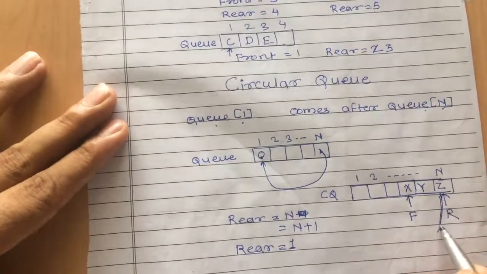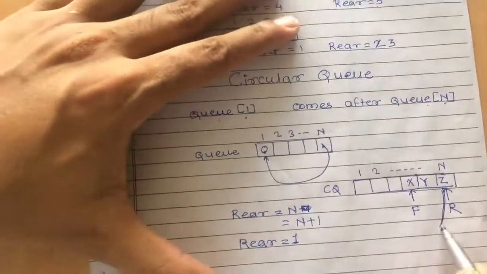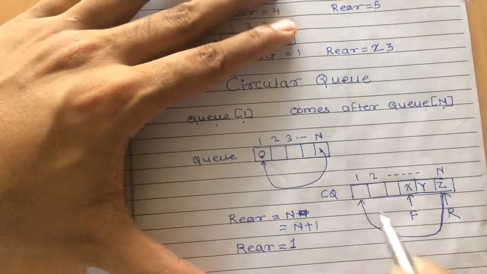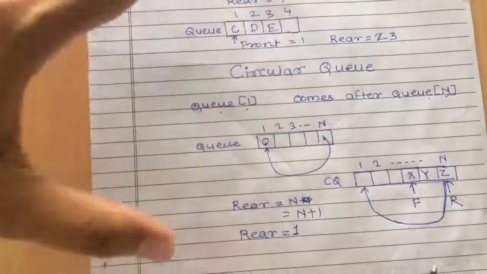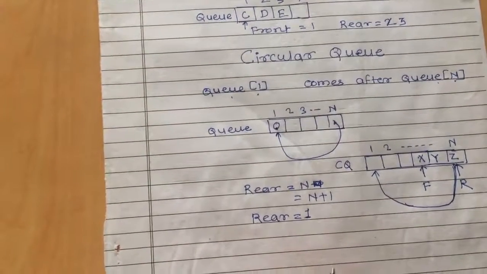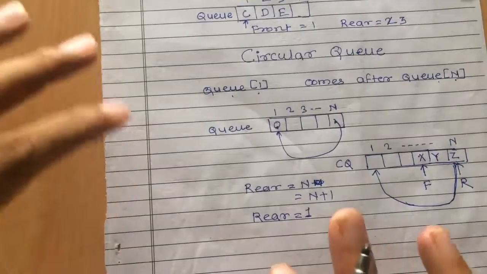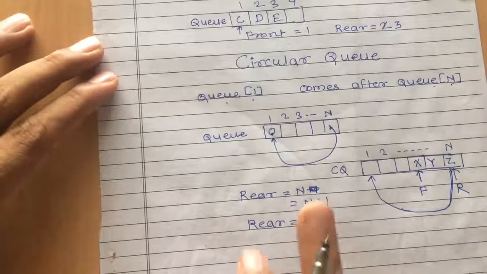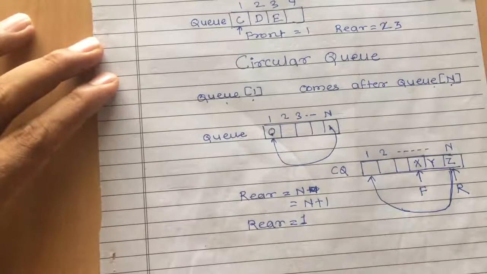Instead, we are setting the rear to the first location, and then we are going to add this element. Okay, so this is about the simple circular queue. I hope you understand this simple concept of circular queue.